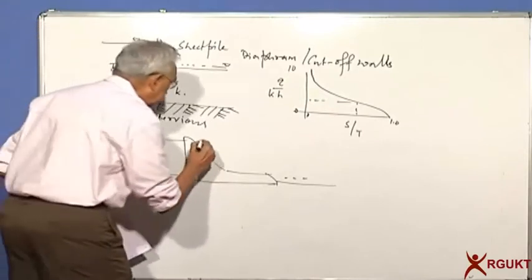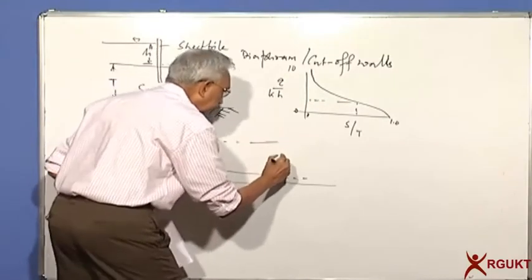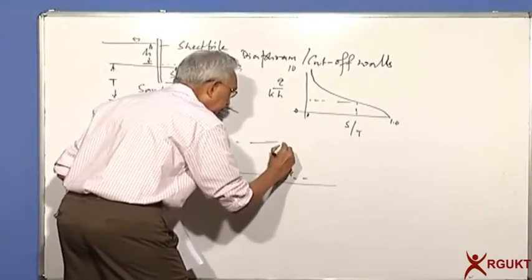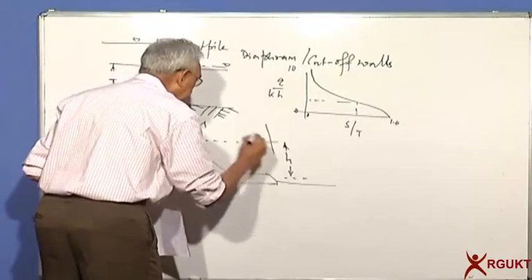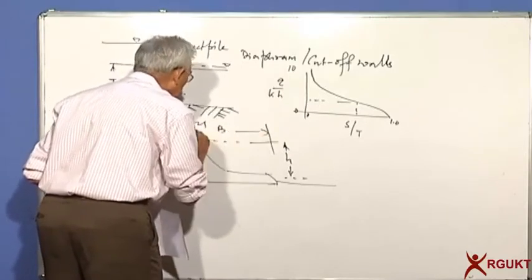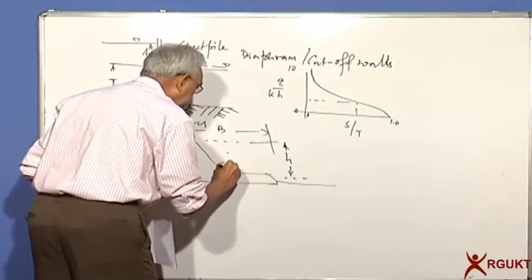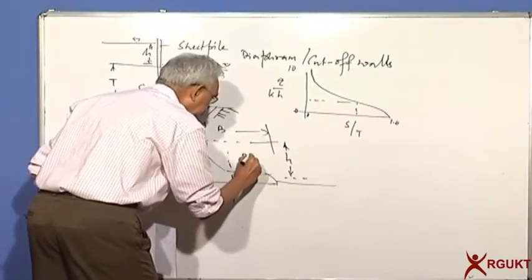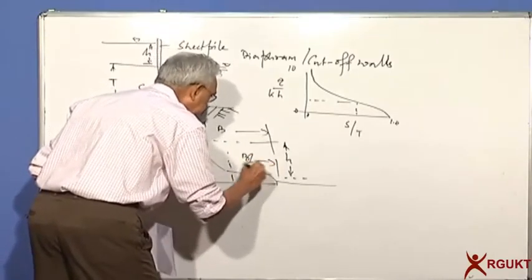Similarly here, I have H. Now the width of the Anicut is B, and if I look at the center point, this is B by 2, half the width.